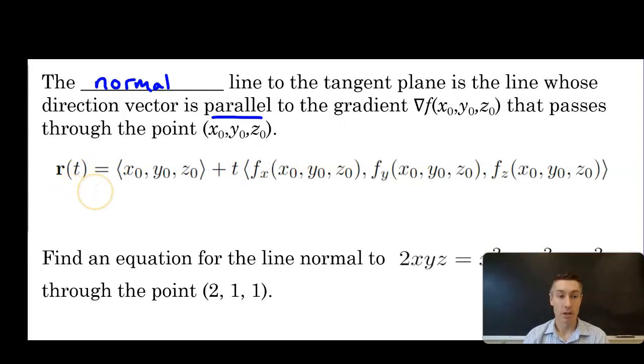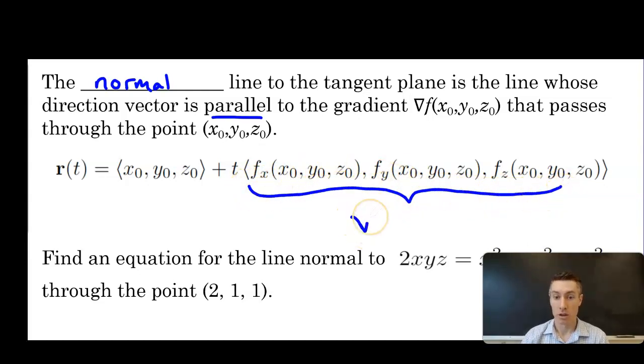So you can see the definition here. In vector form, r of t would be x naught, y naught, z naught. So this is the point plus some scalar t of partial with respect to x, y, and z at the given point, which we should see that is just the gradient of the function at the given point.